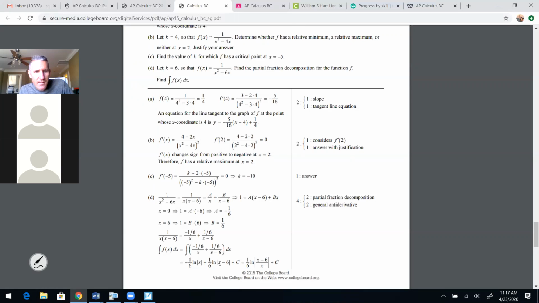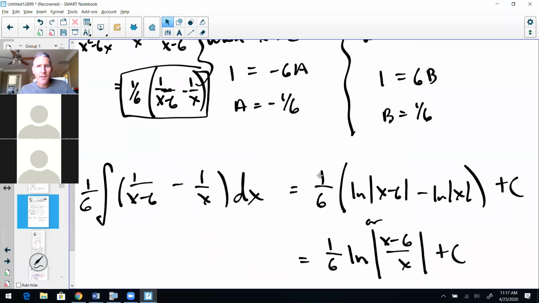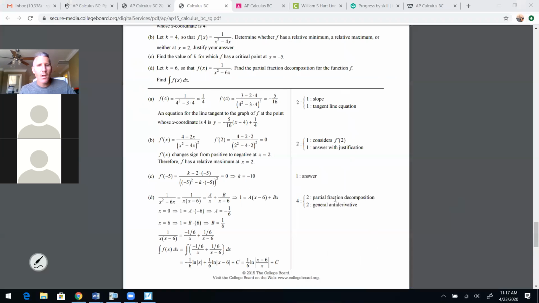So you can see they have this without the 1/6 being pulled out, or they have this, or what I had where I factored out the 1/6. All those are correct, and therefore you get full credit if you have any one of those. So don't worry about simplifying for the AP exam. In fact, they encourage you not to simplify.